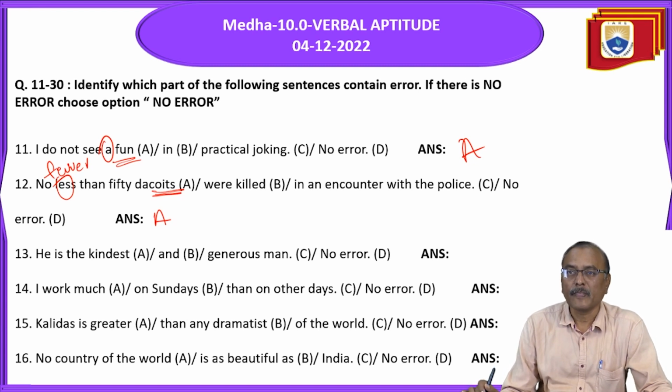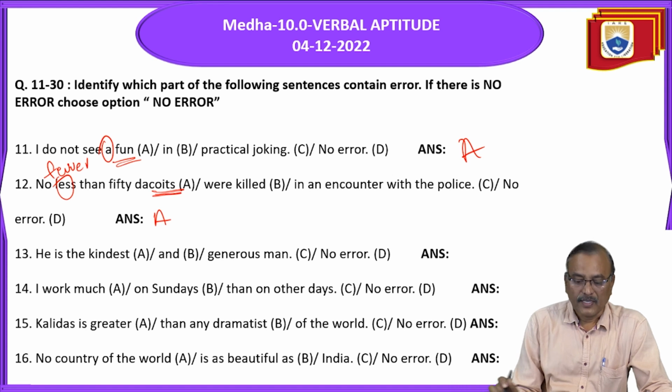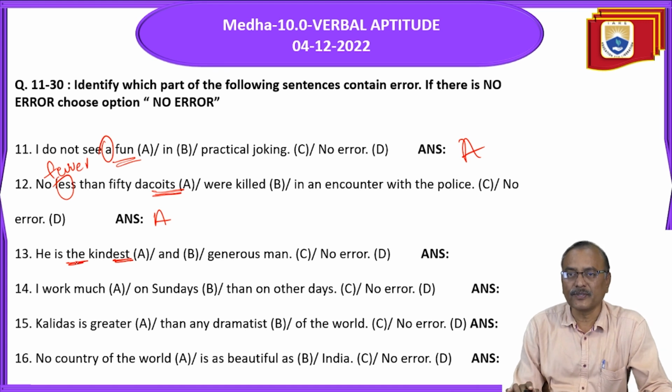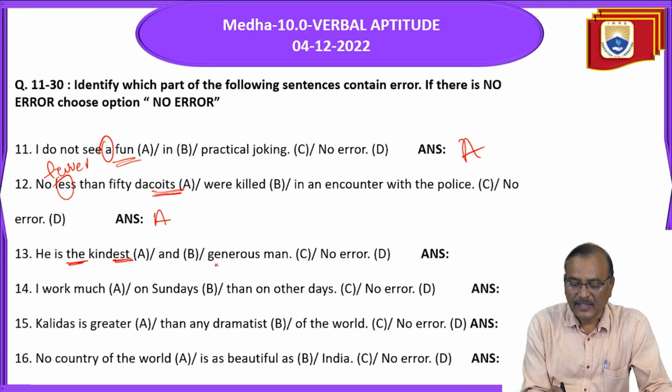Option A. Next. He is the kindest and generous man. He is the kindest. This is superlative. Before superlative, the is used. He is the kindest, okay. But here, for this generous man, article the is not applicable.